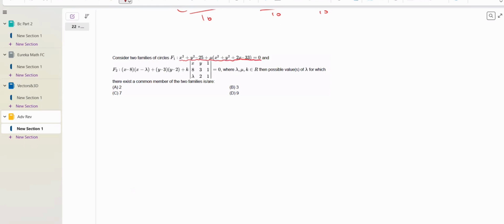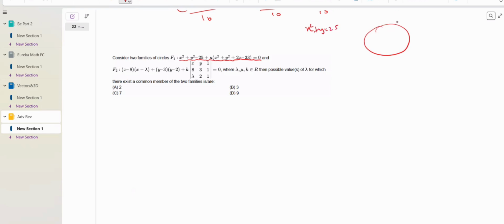When you look at the first family, what do you understand? It is based on two circles, maybe by the intersection idea, right? So x square plus y square equal to 25 being the first circle.